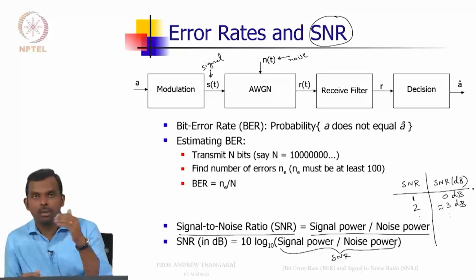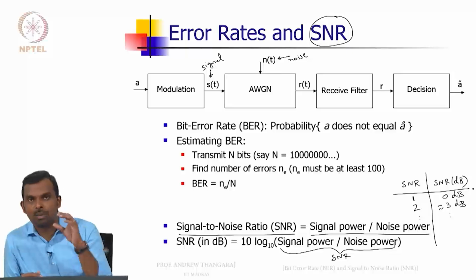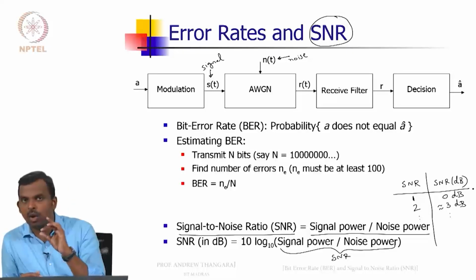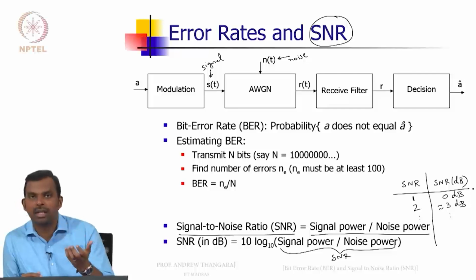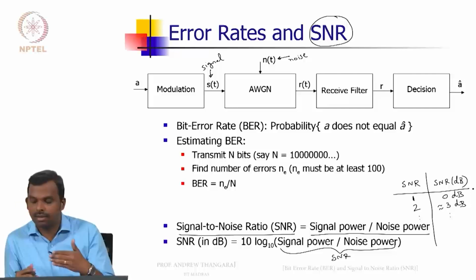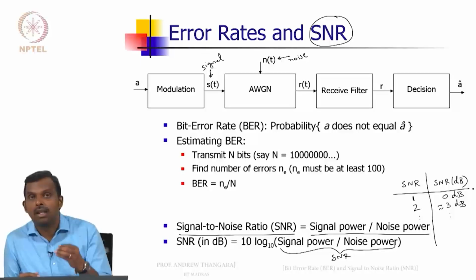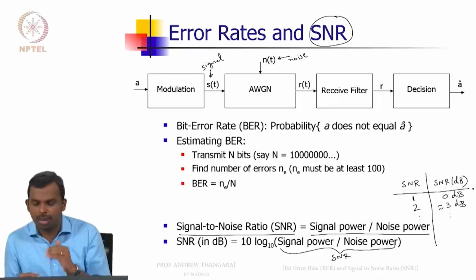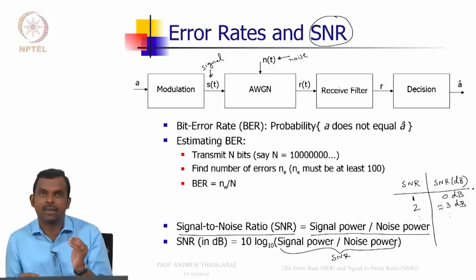When signal power and noise power are the same, you are likely to make many more errors, as opposed to the case when the signal power is very large and the noise power is very small, where you may not be making many errors. So, SNR in some sense quantifies the quality of your channel, how good your channel is, and that is very important to know. All of our measurements will be with respect to SNR.